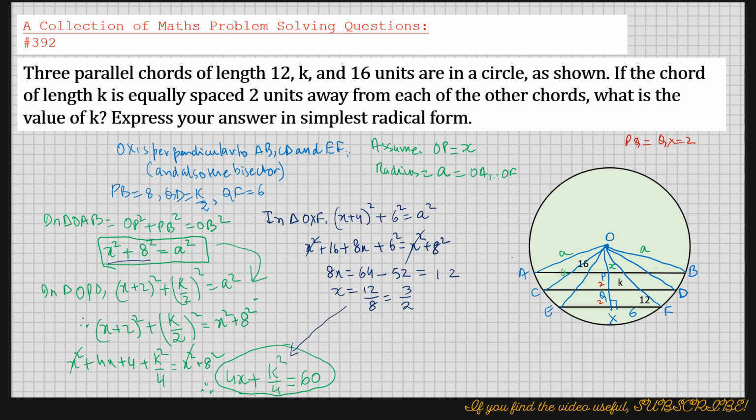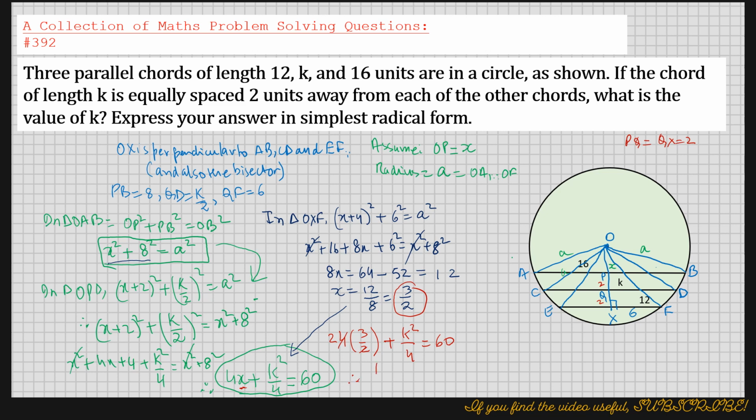We use that in this equation. Putting the value of x, 3 out of 2, we get 4 times 3 out of 2 plus k square out of 4 is 60, and 4 times 3 out of 2 is 6.